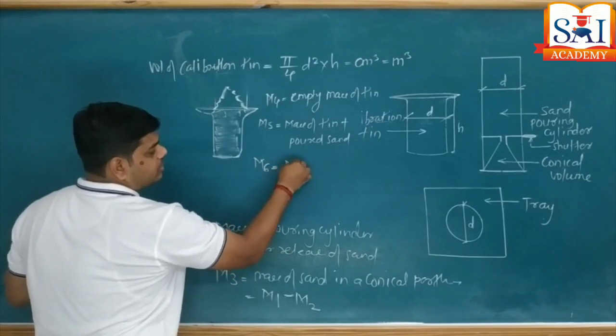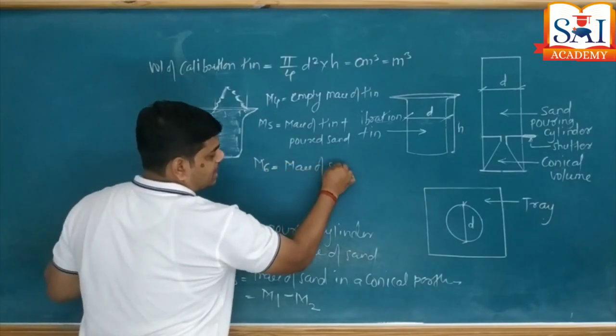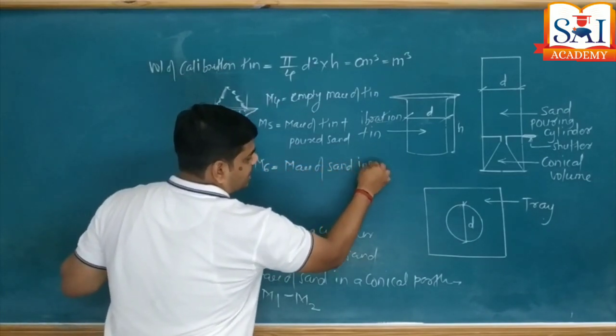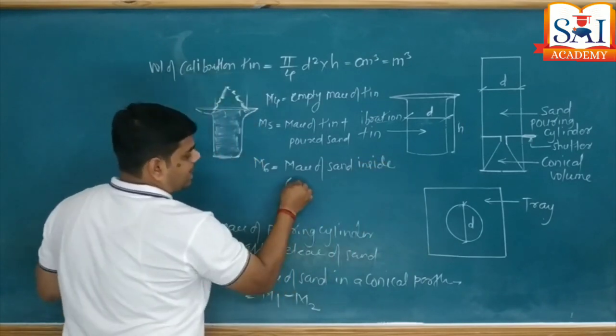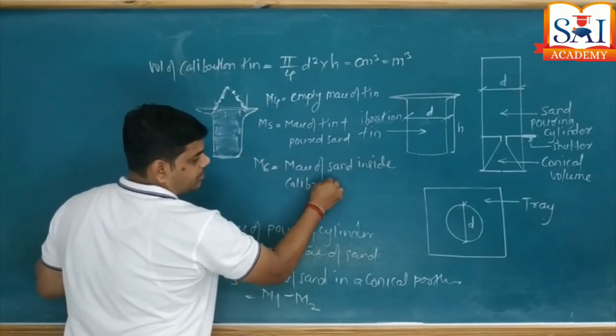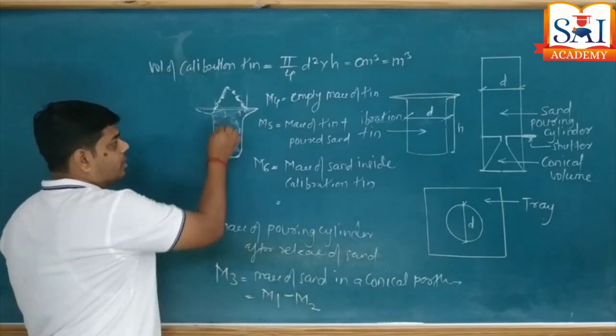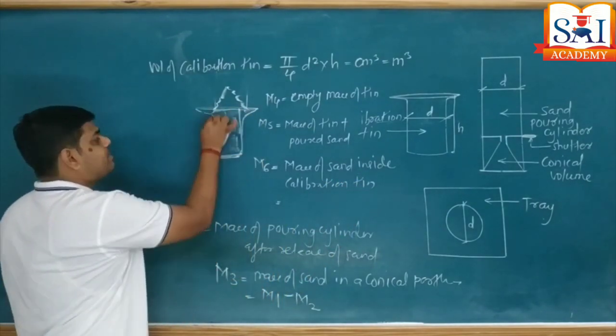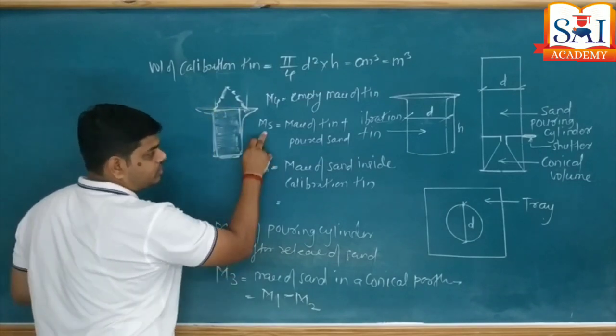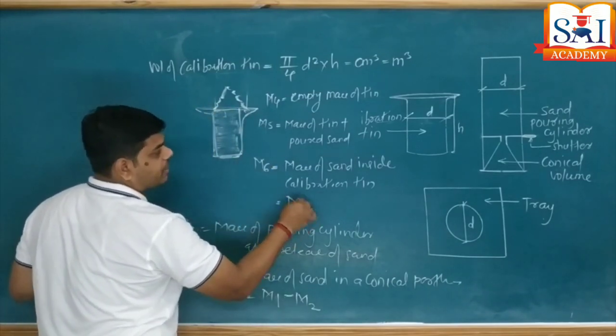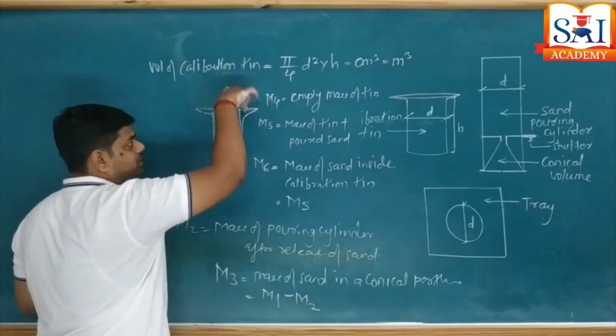M6 is equal to the mass of sand inside the calibration tin. How to do this? I want only this mass inside this calibration tin. So for that I will take M5. What is M5? Mass of tin plus poured sand.